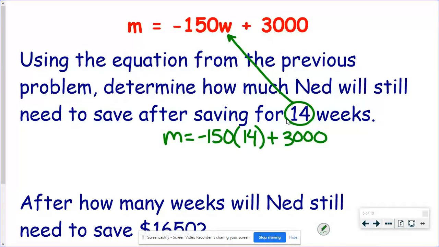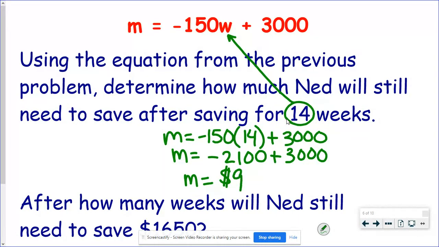So 150 times 14, this is going to be a negative 2,100 plus 3,000. That means that he still needs $900 more. So after 14 weeks, he's down to only $900 that he still has to save.